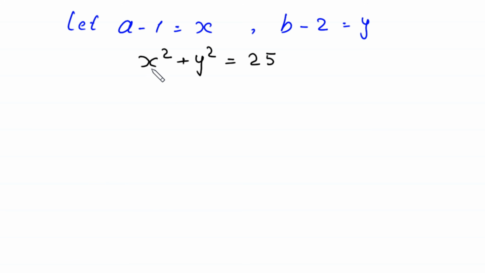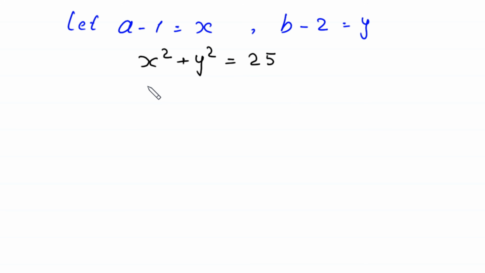Now we have sum of 2 squares at left hand side, and that sum should be equal to 25. We write the possible values of x and y such that x squared plus y squared is equal to 25.